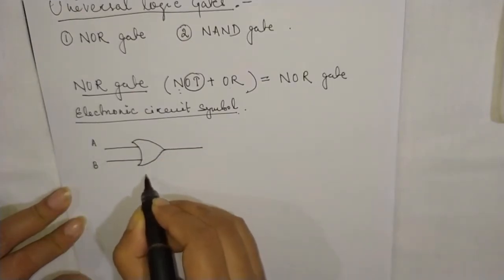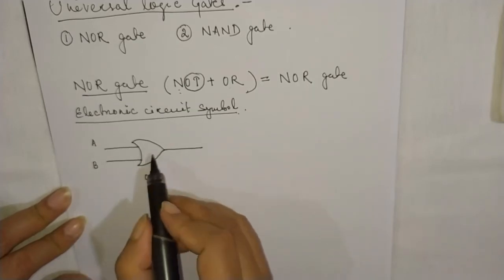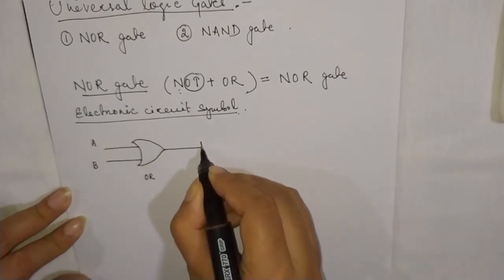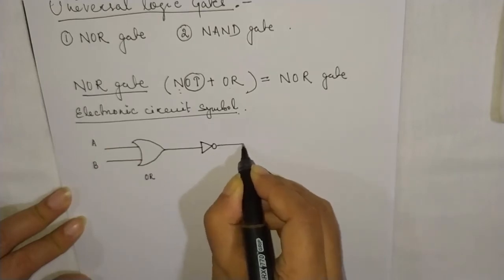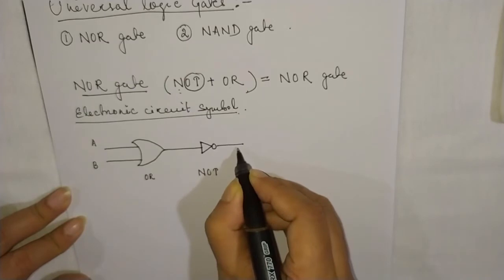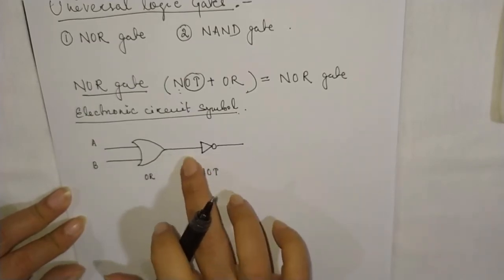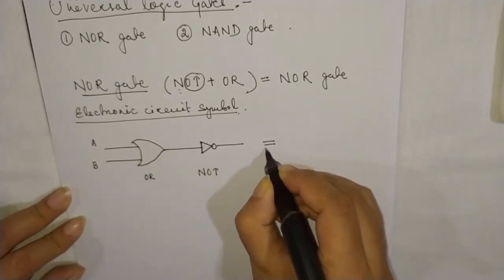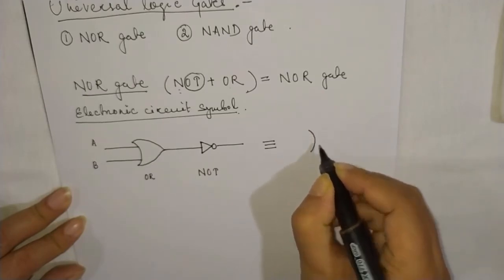So this is the circuit symbol of OR gate. Then it is connected with a NOT gate. The electronic circuit symbol for NOT gate is like this. It has only one input and one output. This is otherwise known as inverse gate. Now these two will be combined. So this is the equivalent symbol to give me NOR gate.